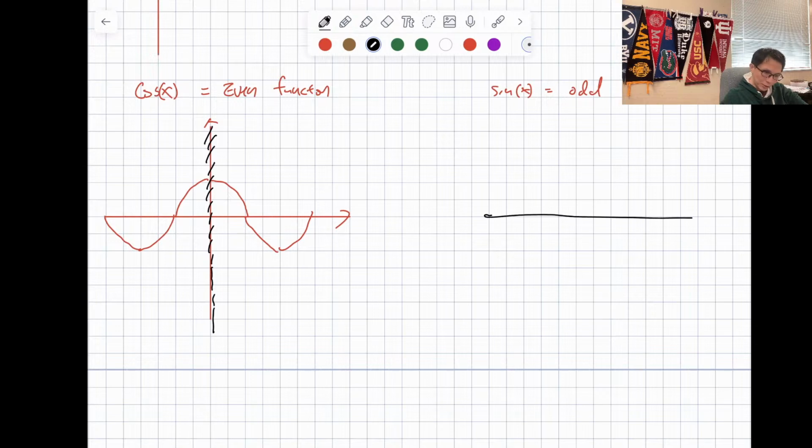Our function is really different. It looks like, at least between here and here, this is our function. Our function is symmetric to the origin. So this one is symmetric to the origin.